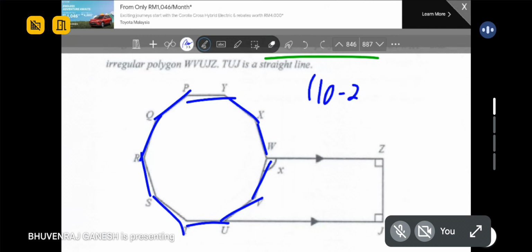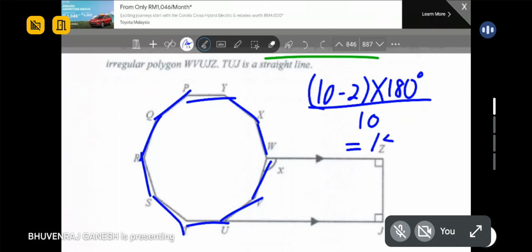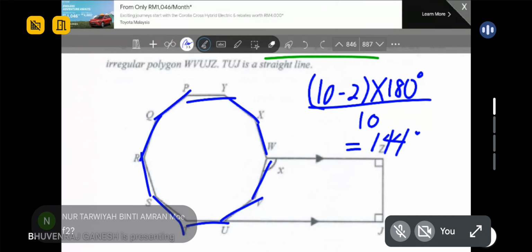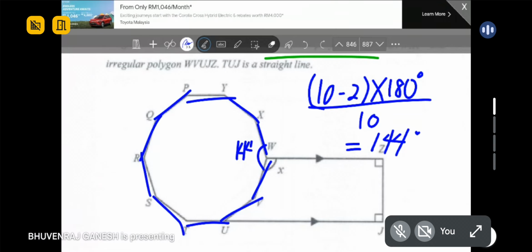Untuk cari satu sudut nilai dia berapa. Now you guys want to find one angle. How much? I think it's 144, right? If not mistaken. I need to trust my mental calculation. 180 times 8. Correct lah. 144. Correct. So this one is 144 lah guys.